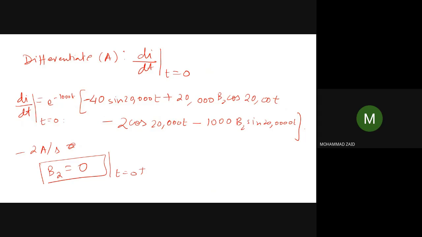Now once B2 is 0, in the circuit only one constant is left, and that is B1.